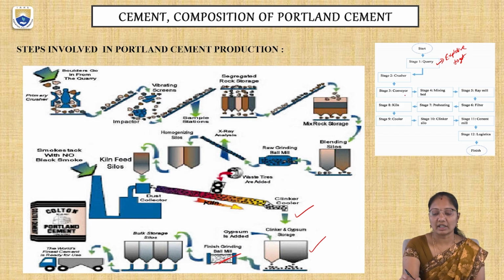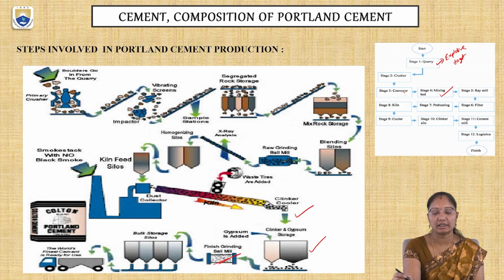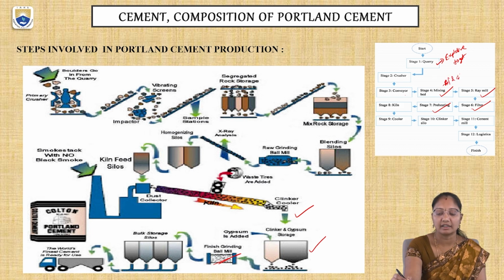So this is the conveyor, and then the mixing bed, where a homogeneous mixture of all this ground material is formed. It enters the raw mill and then the filter, and then preheating happens. Here, in the mixing bed, aluminates and silicates are added.